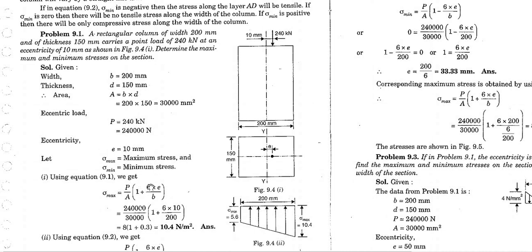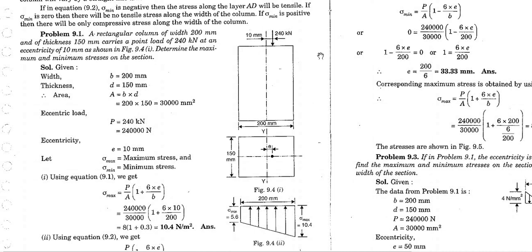Now from our previous lecture, as discussed in the previous video, the maximum stress formula is load by area into 1 plus 6 into eccentricity divided by B, the breadth of the column, meaning the dimension perpendicular to which the force has been applied.